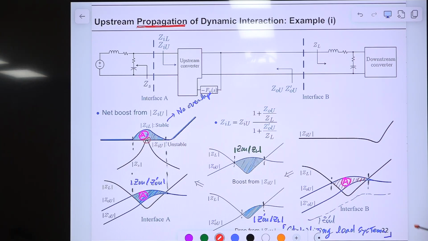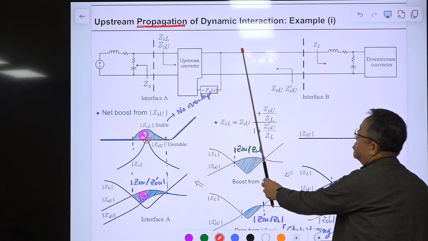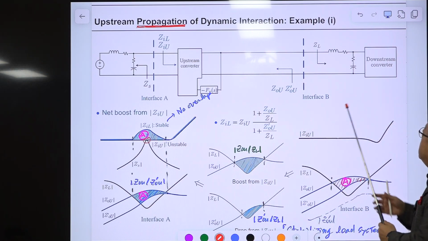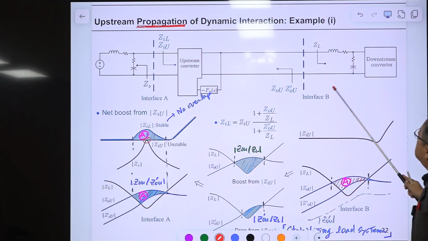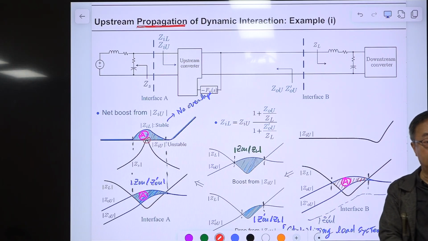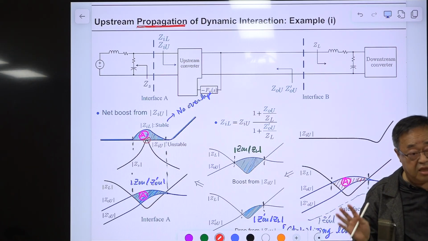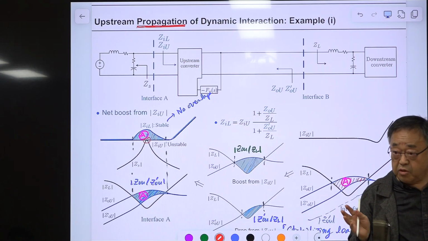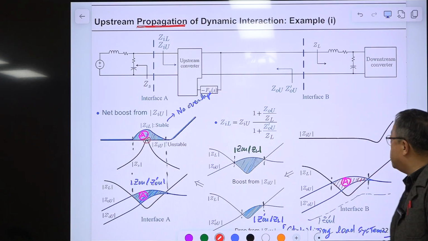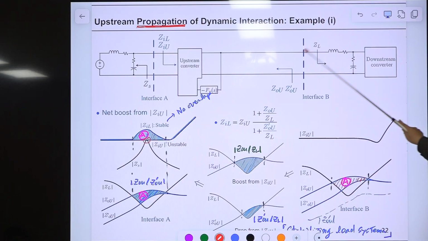The original system, the upstream converter, was initially unstable, okay? Then by using some technique and designing this, you can stabilize this one, so you can stabilize the whole system. That is the stabilizing effect of the load subsystem. That is available because of the impedance overlap here.